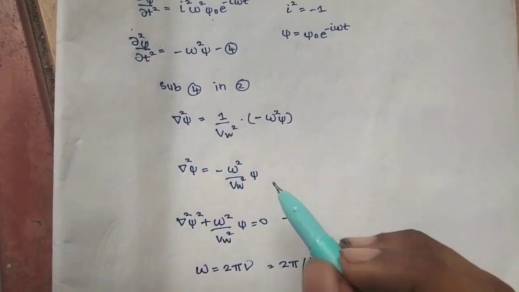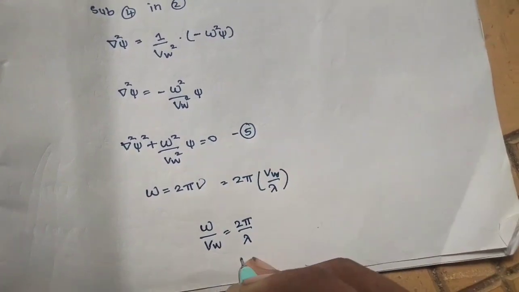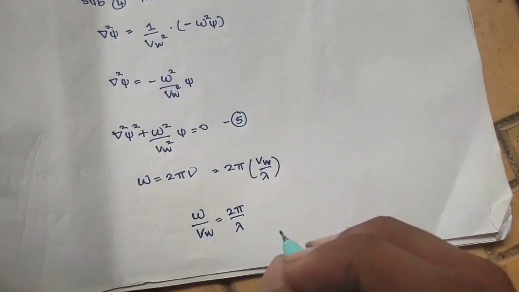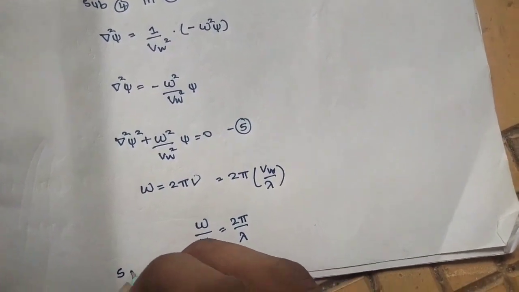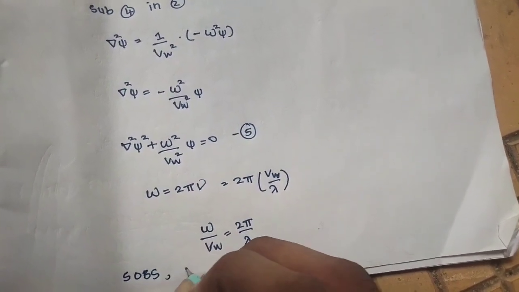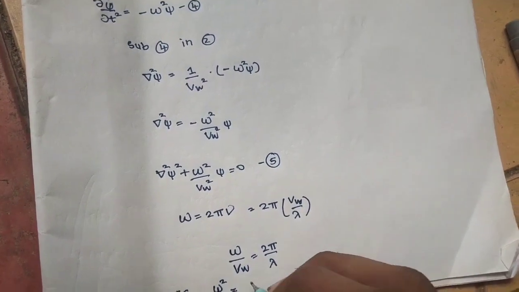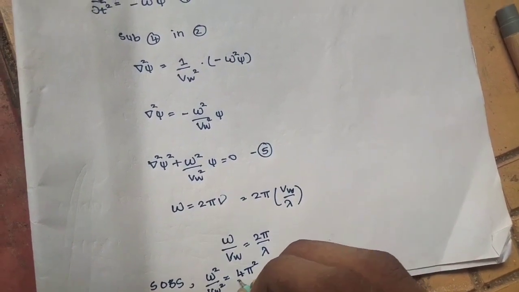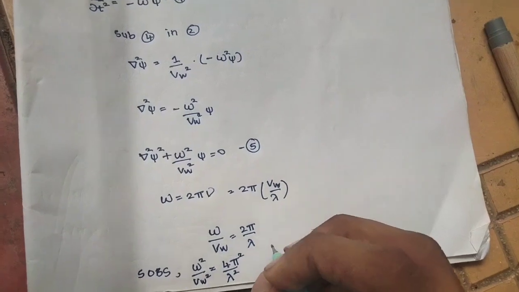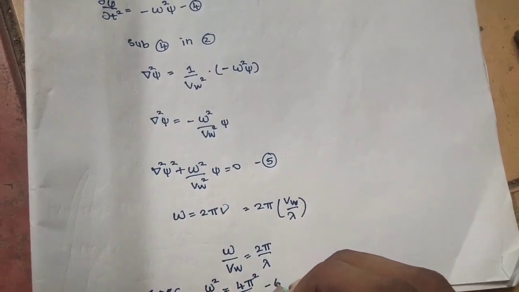Now we want omega square by Vw square, so we want to square it on both sides. So this will become omega square by Vw square equal to 4 pi square by lambda square. Let's name this as equation 6.